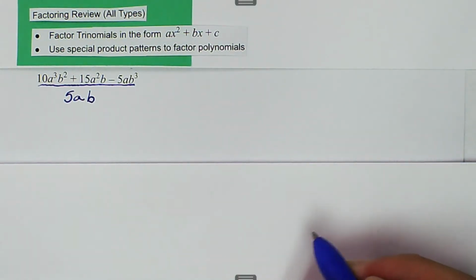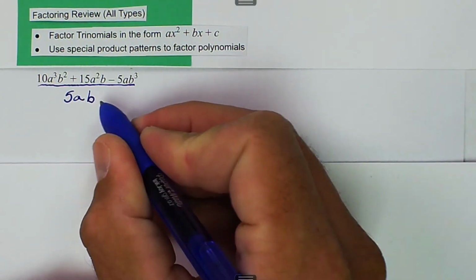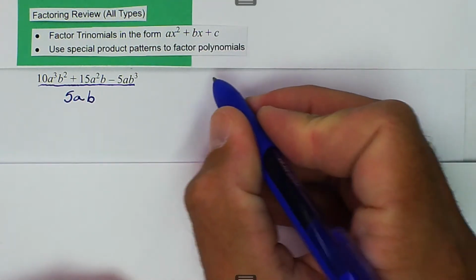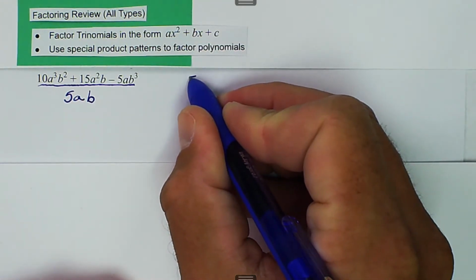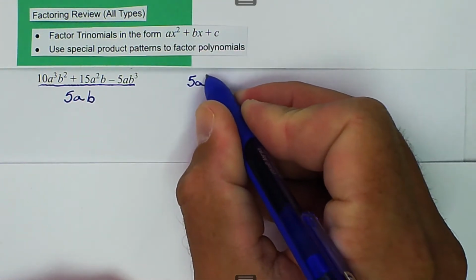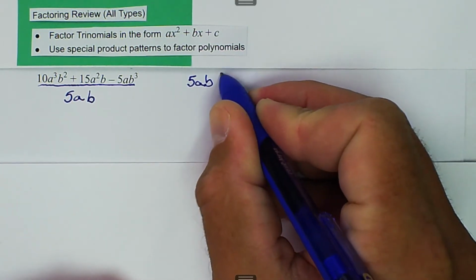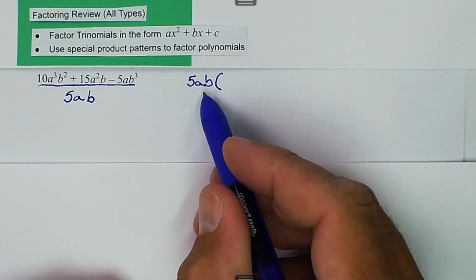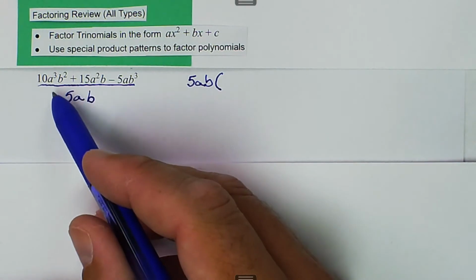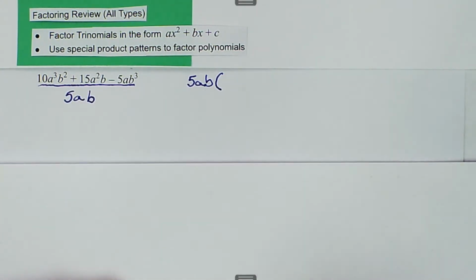So now we can rewrite this after we've factored out the 5ab. So we write 5ab out front of a parenthesis, and then we have to figure out what is going to be left inside.